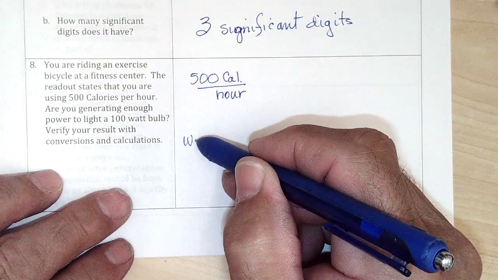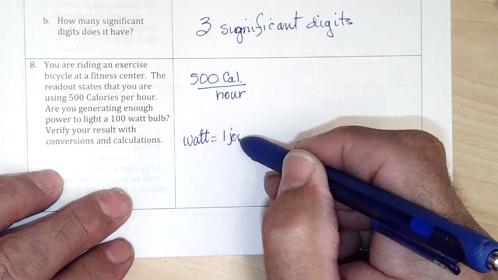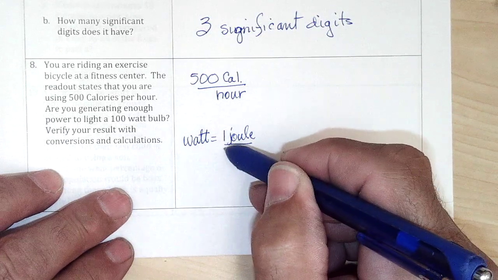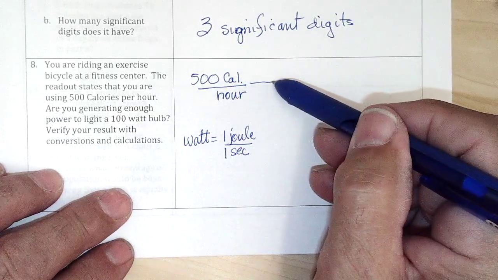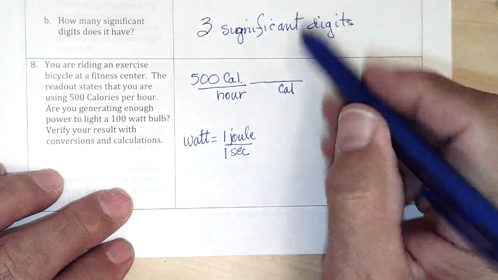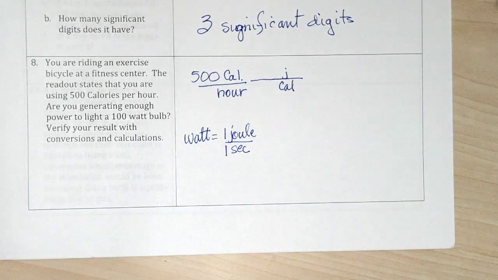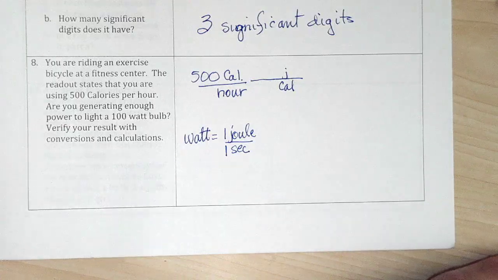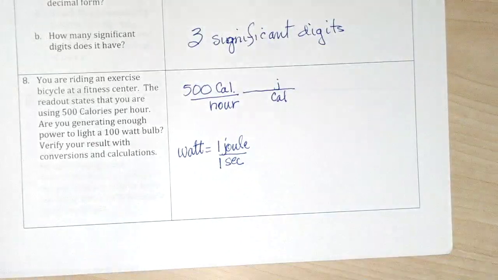Remembering that 1 watt is 1 joule per 1 second, we need to convert capital calories to joules. And if you've got your conversion table done correctly, let's see if I can find mine, just so you can see how I intend for you to use that.